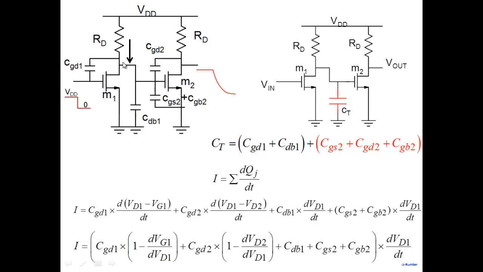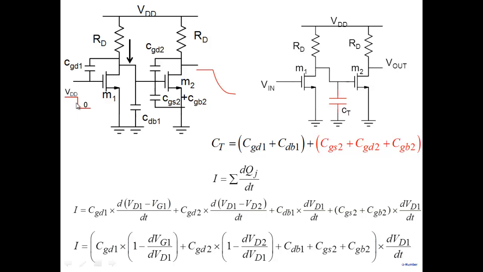This node is charging, and this voltage, once the transition takes place, is constant. So dVG1 is 0. It's not changing. So effectively, during the transient, we can put this sort of term to 0.